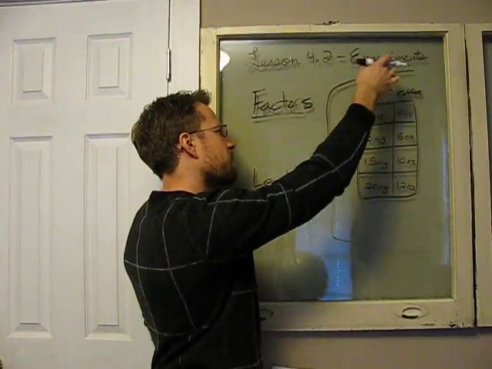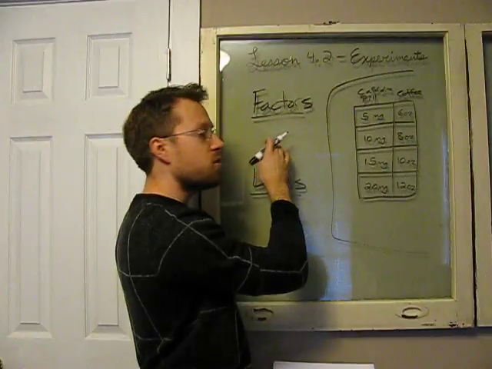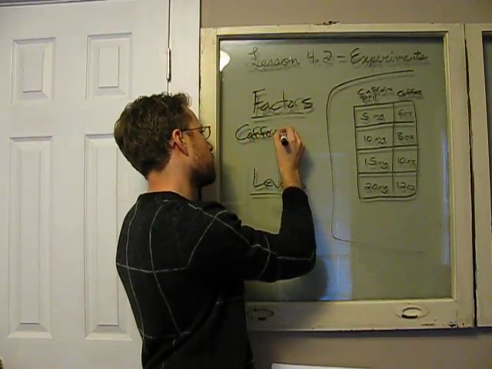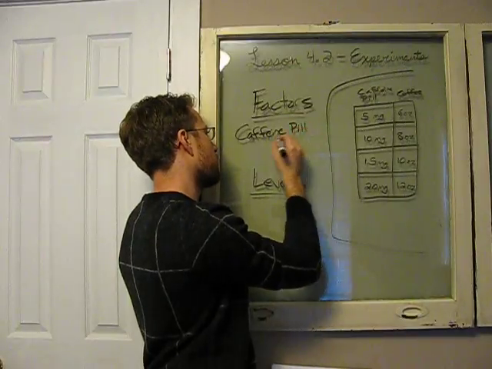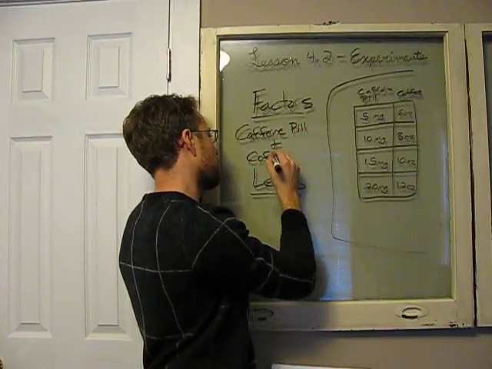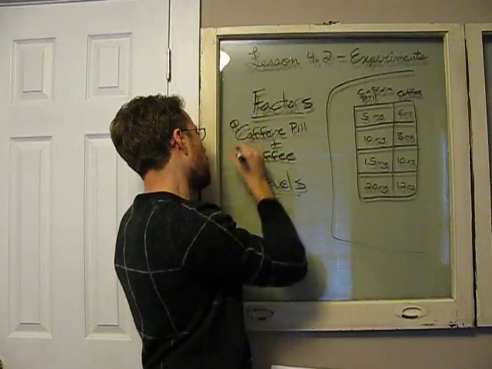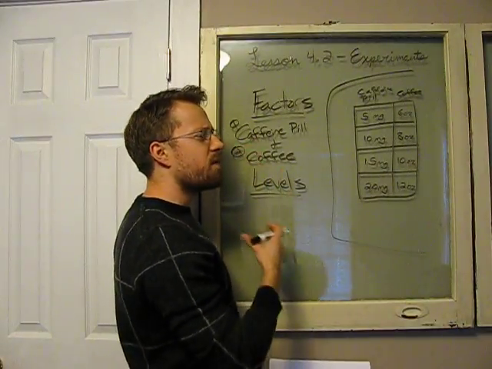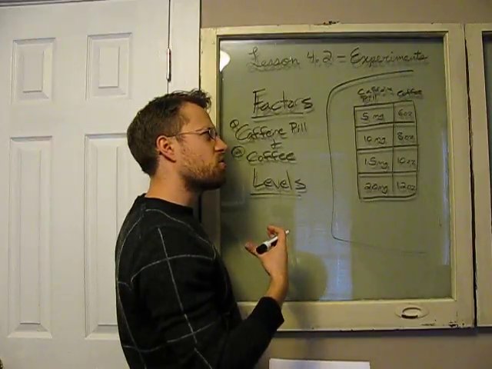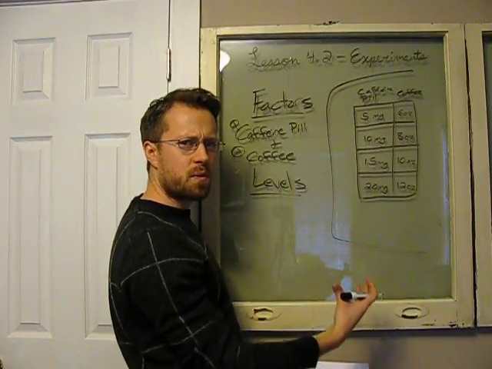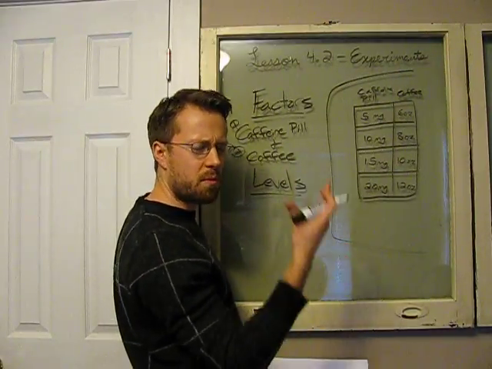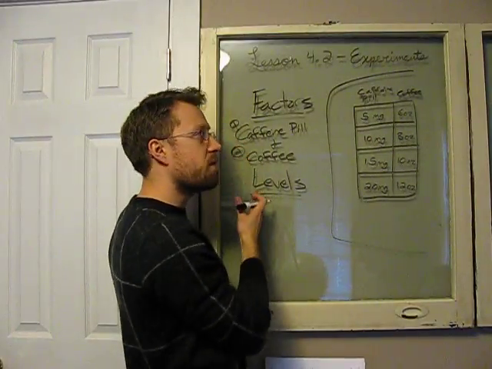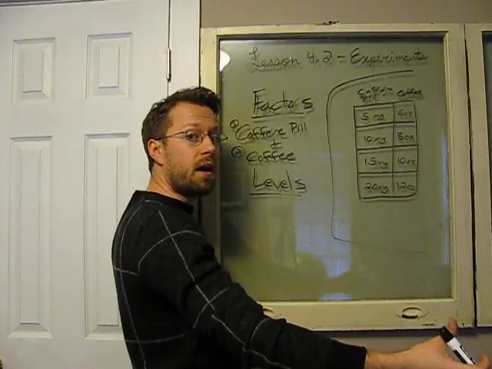The caffeine pill and the coffee are my two different factors. I have 2 factors. It's sort of like the different things that you're applying to your experimental units, your test subjects. Remember, experimental units are your test subjects. So I have 2 different things that I'm trying out.